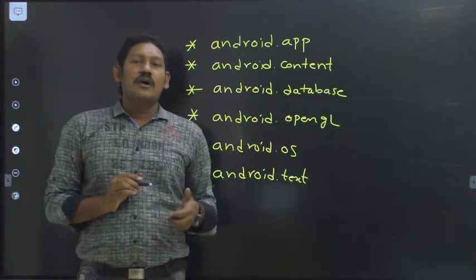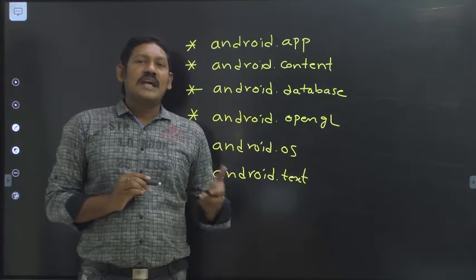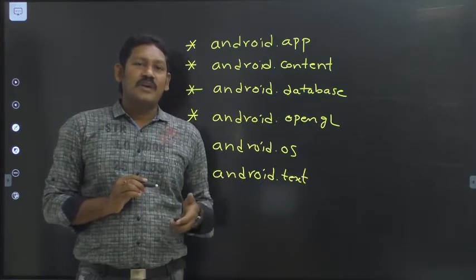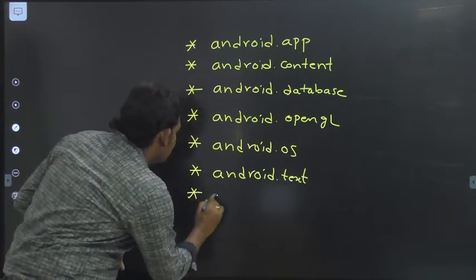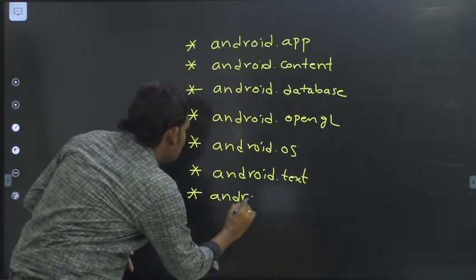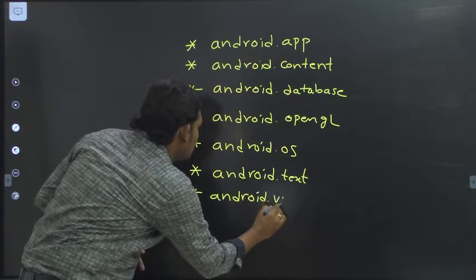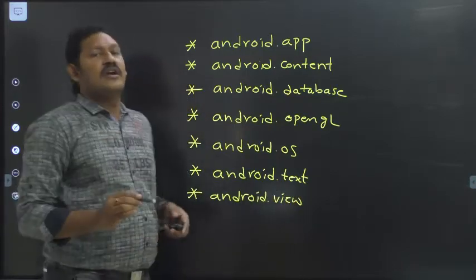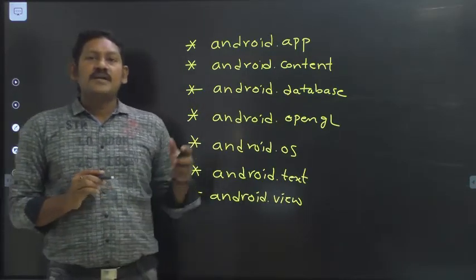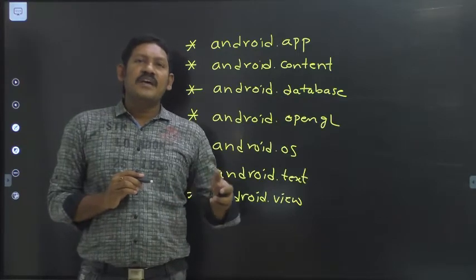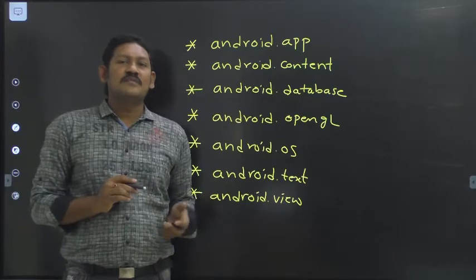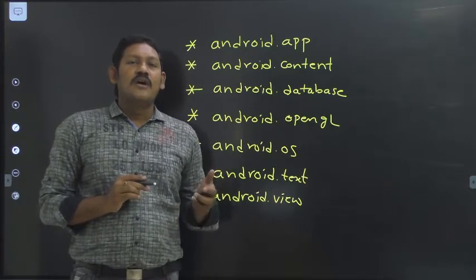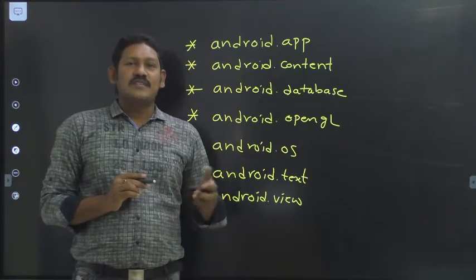Next one is Android.view. The fundamental building block of application user interfaces is the Android view.